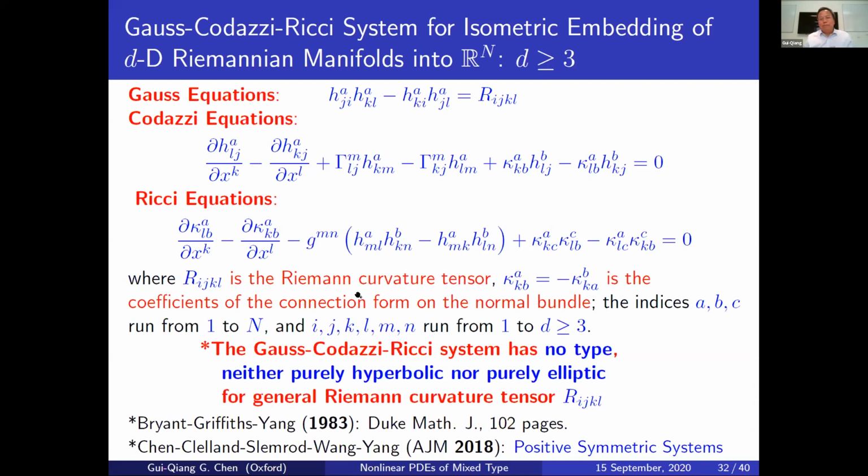You cannot even talk about elliptic-hyperbolic. In general it really has no type, a very general, very big system. On the other hand, looking at the nonlinearity, it is all quadratic. So the question is, for example, weak rigidity: suppose we have a sequence of solutions of the system, bounded in L^p. Can we prove the weak limit is still a solution of the system? So you have to pass the limit in those quadratic terms.